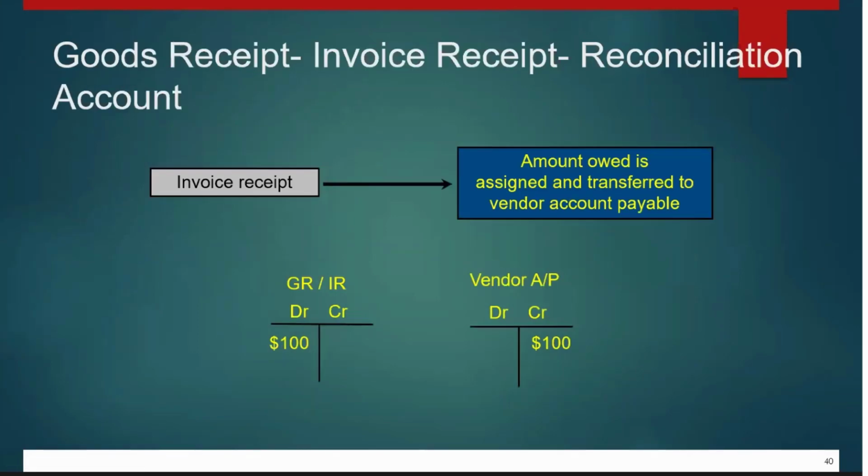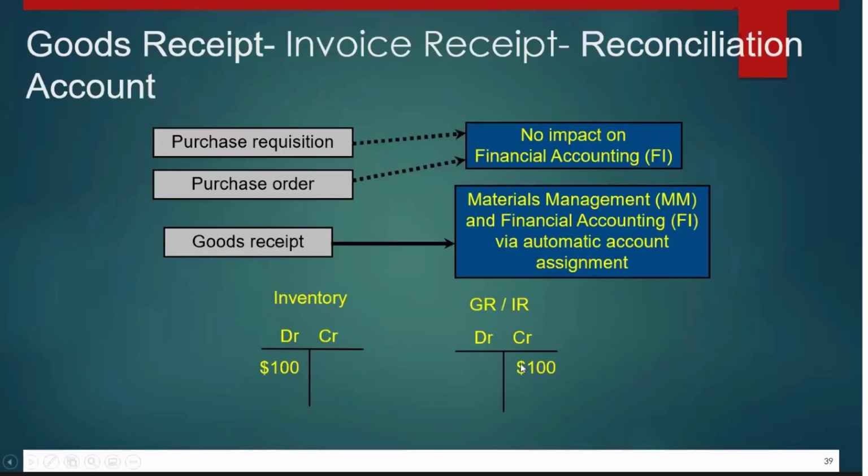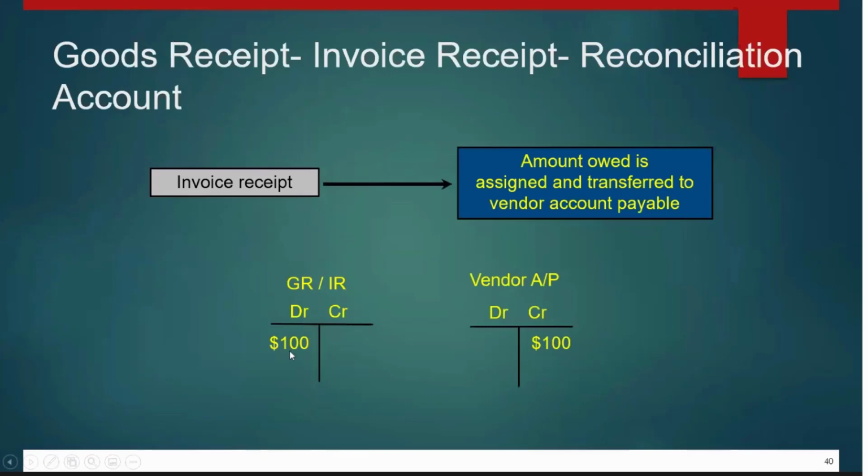After that, when you receive the invoice, what happens? Just to summarize: at the beginning, when you receive the goods, there is a liability of 100. When you receive the invoice, I will put it in debit.